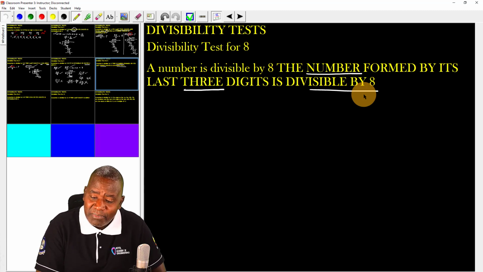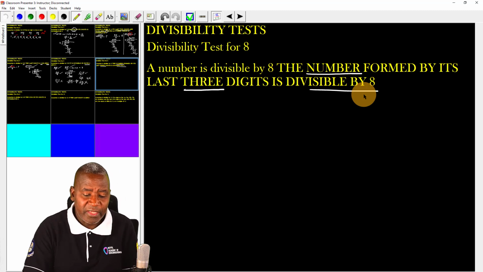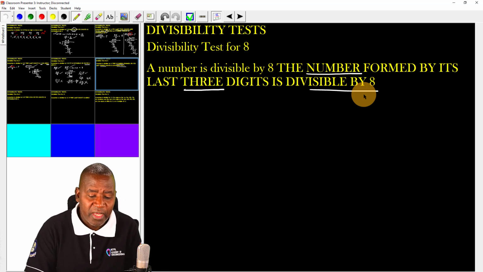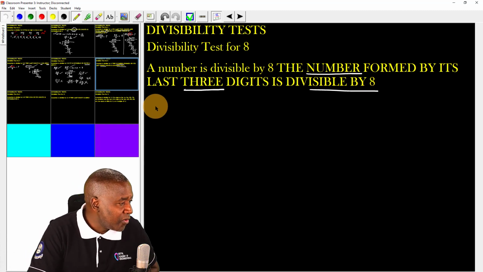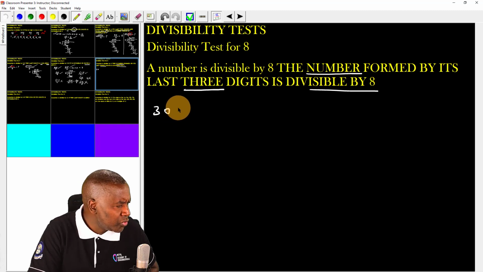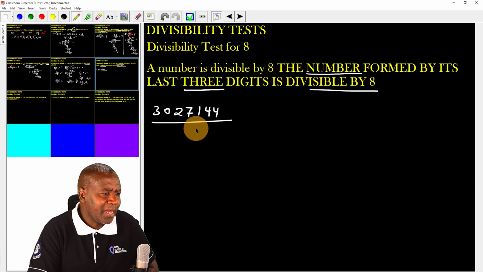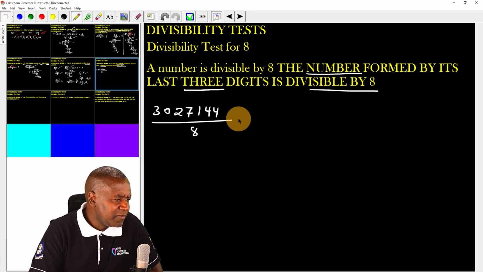So again, let me look at an example of the divisibility test for number 8. The example they've given in your course book is 3027144. You can see that the number is quite large. We want to find out, is it divisible by 8?